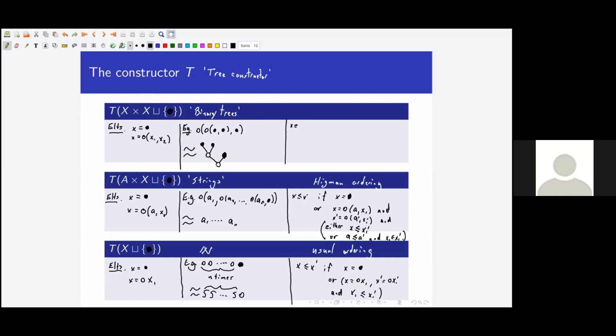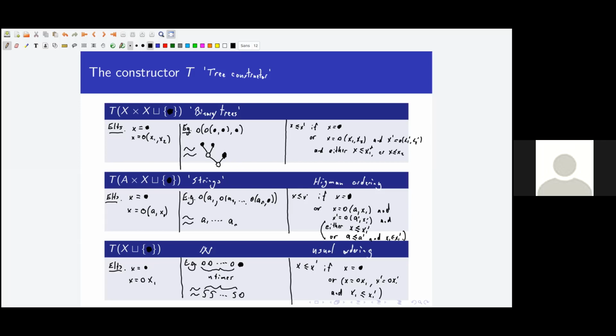And finally, ordering on trees. If x is the dot, or x is not a leaf node, and x prime is not a leaf node, and either x goes into x1 or x goes into x2.